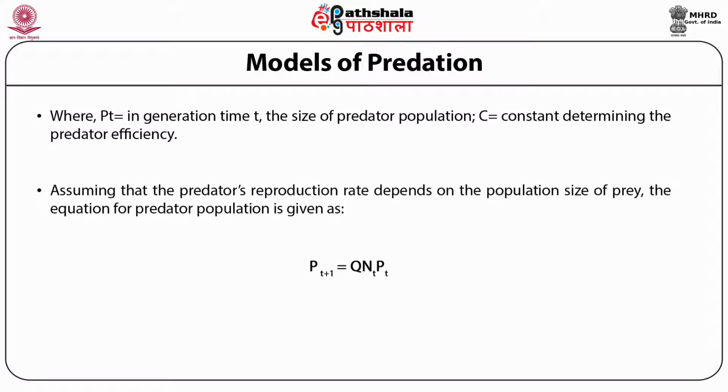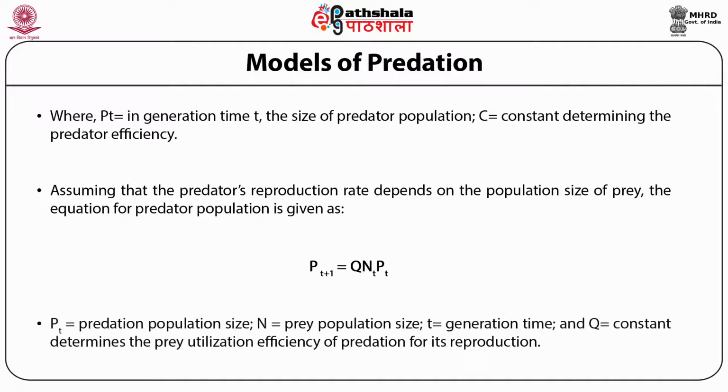Assuming that the predator's reproduction rate depends on the population size of prey, the equation for the predator population is given as, where P_t is the predator population size, N the prey population size, T the generation time, and Q a constant that determines the prey utilization efficiency of the predator for its reproduction.